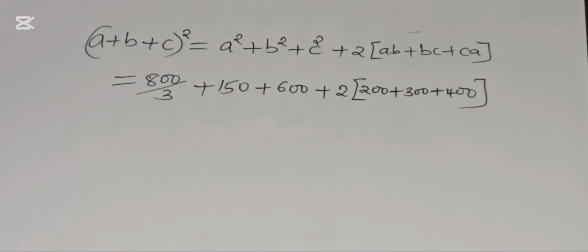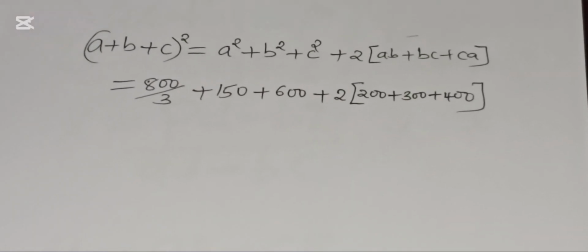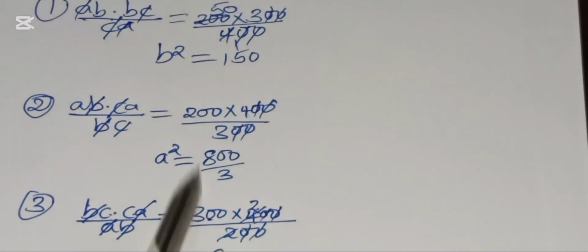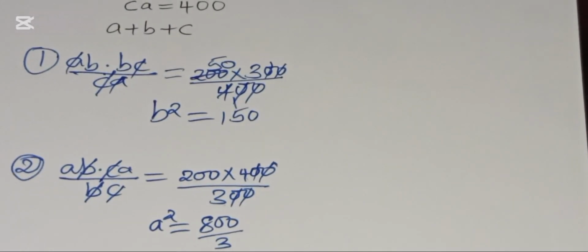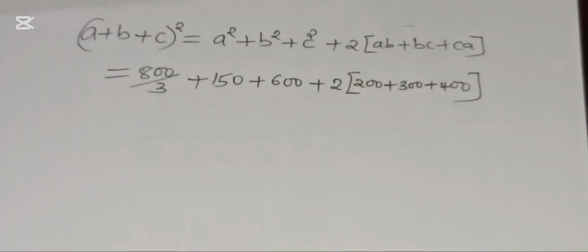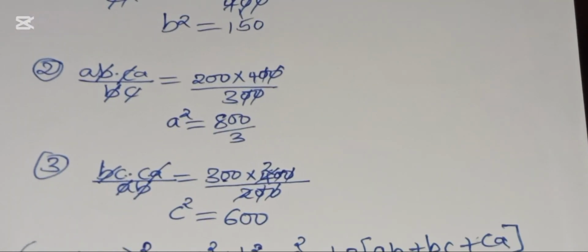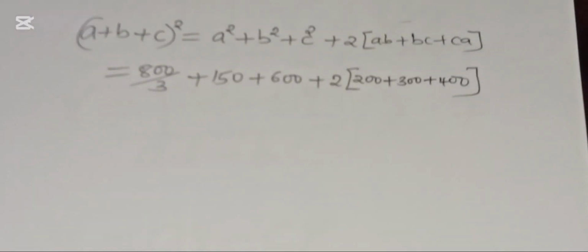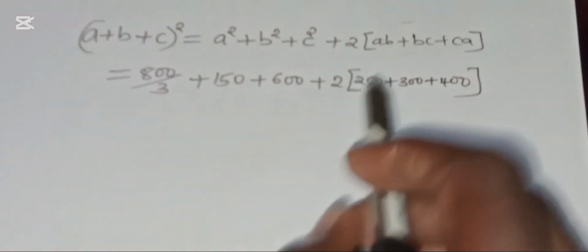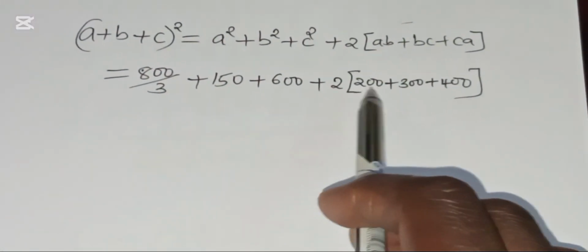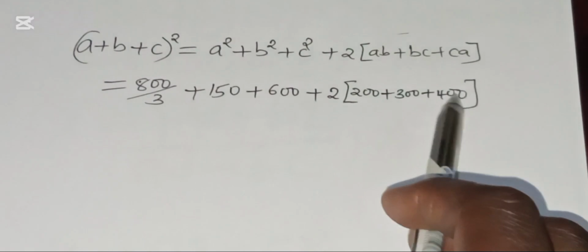The value of a squared is equal to 800 over 3, plus b squared, which is equal to 150, plus c squared, which is equal to 600 as we have calculated. Now from there, we are going to add plus 2 multiplying by 200 plus 300 plus 400.